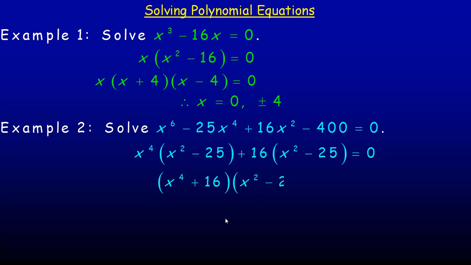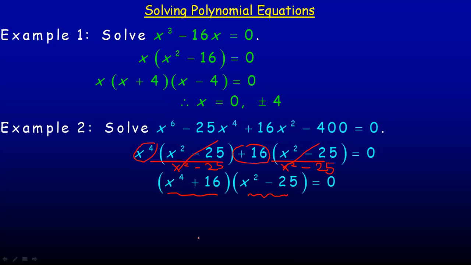When you factor the x squared minus 25 out, you're dividing both parts by x squared minus 25. Once these divide out, what you're left with is x to the 4th plus 16. That's where this other binomial factor comes from.